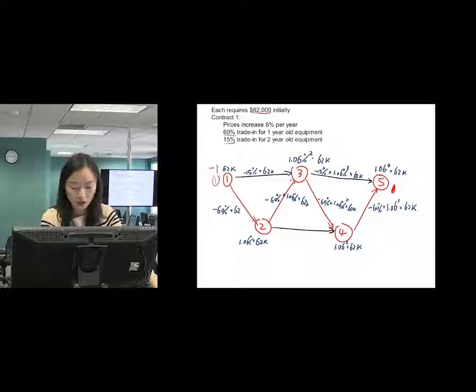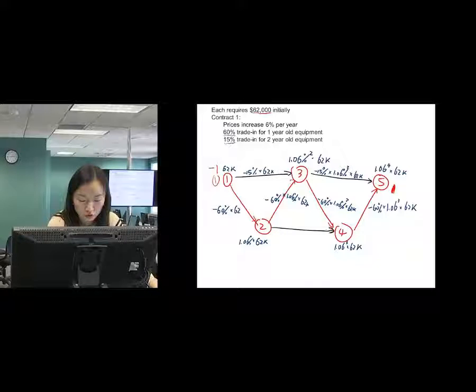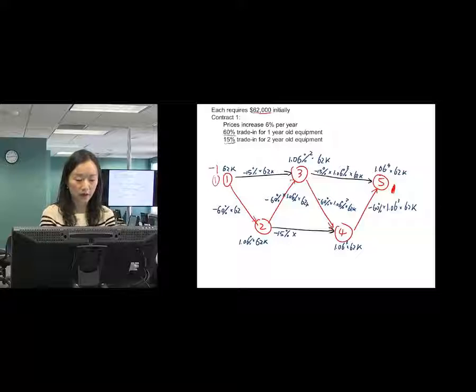Okay, for example, this arc represents we're going to trade in the equipment that we purchased at the beginning of year 2, now at the year 4. Okay, and this is a 2-year trading, so we only get 15% back times what we paid for, and the equipment we paid for is from here. So it should be 15% times 62K.